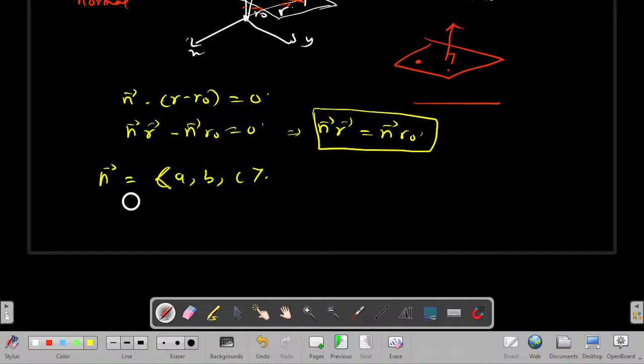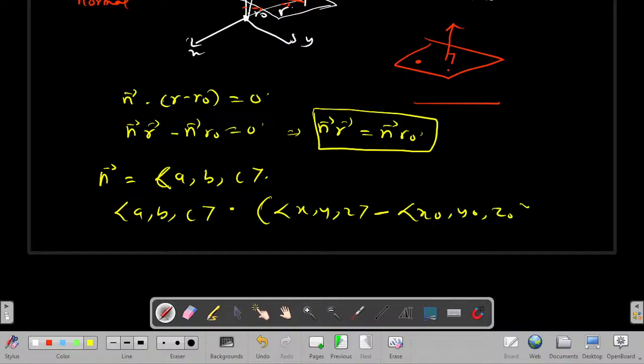So I'll have my a, comma b, comma c dot my r minus r naught. My r is x, y, z minus my r naught, x naught, y naught, comma z naught. That should be equal to 0.